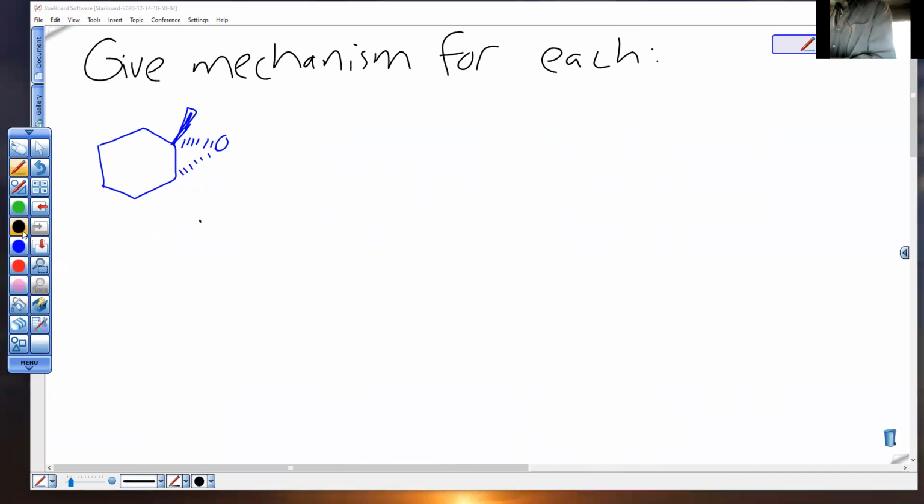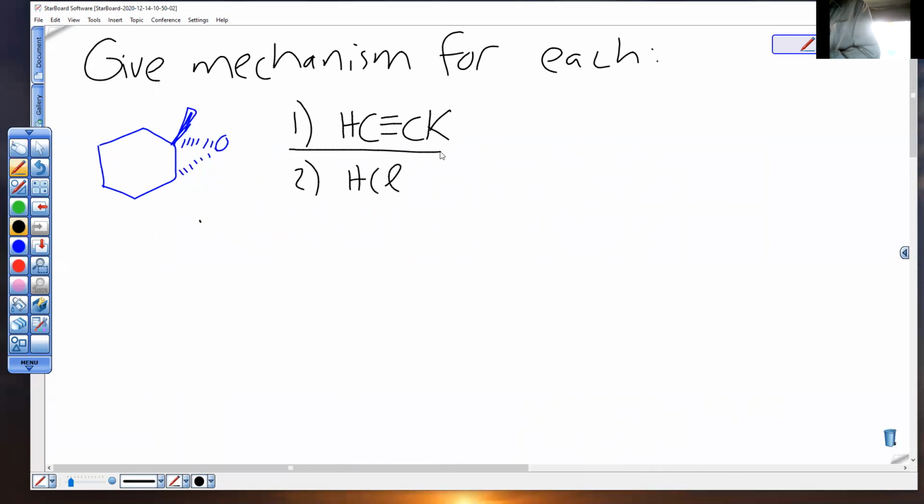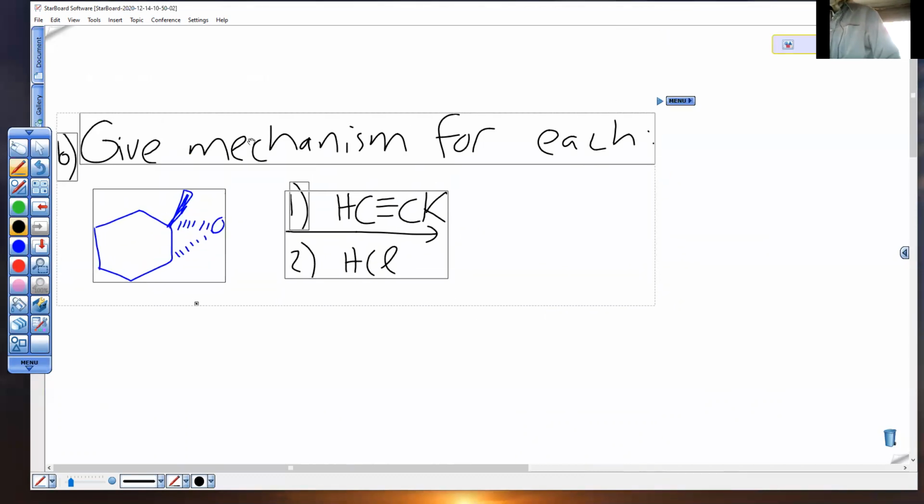In this one, step 1 will be our old friend acetylide. Step 2, HCl. Well, that's part B. Circle the only product formed.